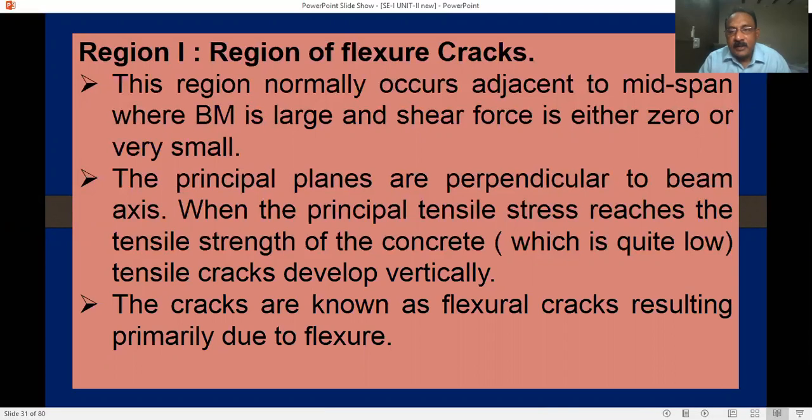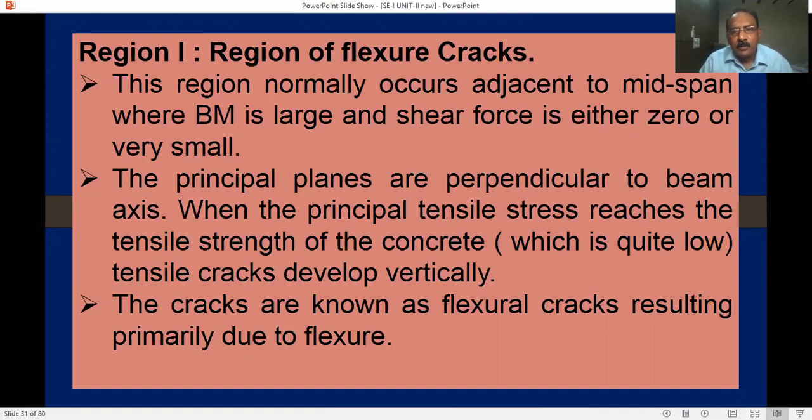I will repeat these important points many times, because in GATE exams they will give you M20 grade concrete and ask for the maximum tensile strength of the concrete. It is simply 0.7 under root fck. Here fck is 20, since M20 means the characteristic strength of concrete is 20. So the flexural strength of the concrete equals 0.7 under root 20 Newton per mm square.